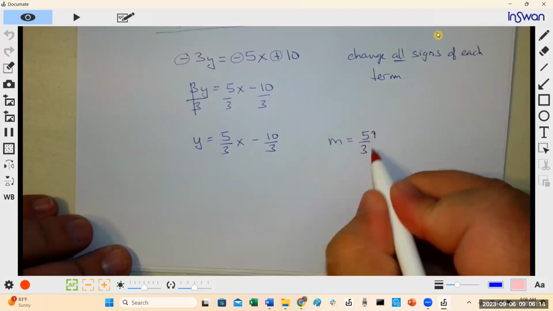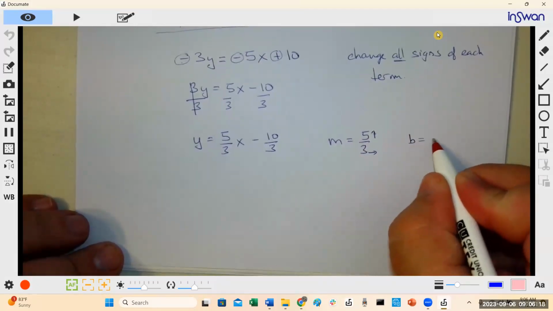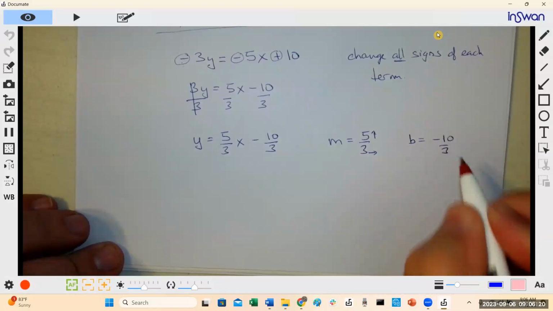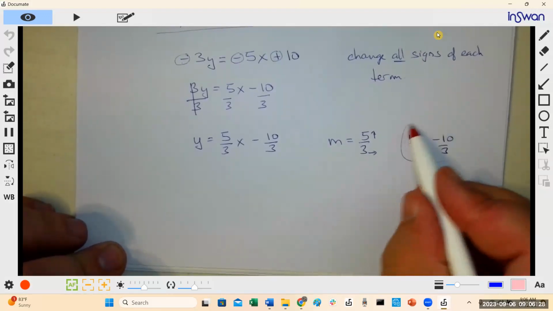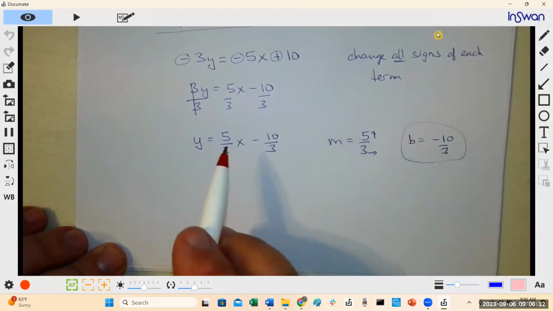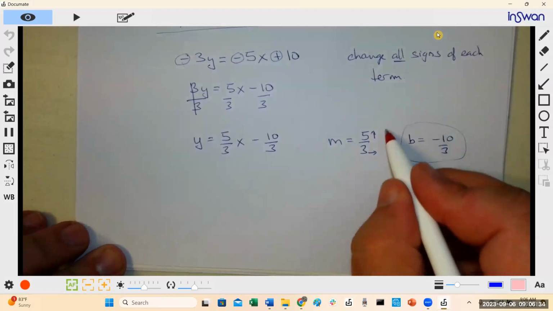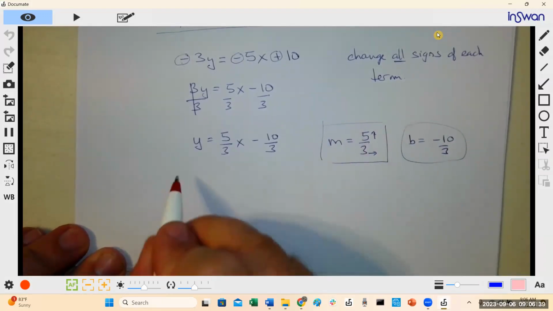It goes up 5 over 3. And our y-intercept is at negative 10 over 3. Notice that we can't really graph that one because it's going to be hard. So let's go back to the original equation. We know the slope is good. The slope is always going to be good, so we'll use that one.